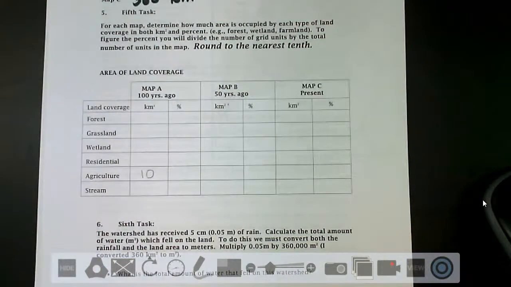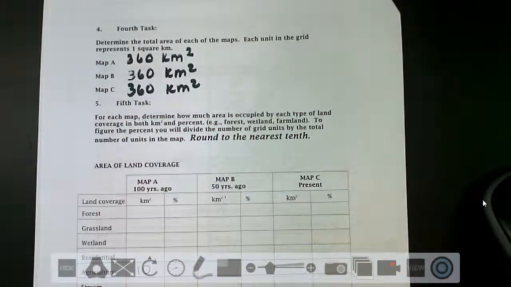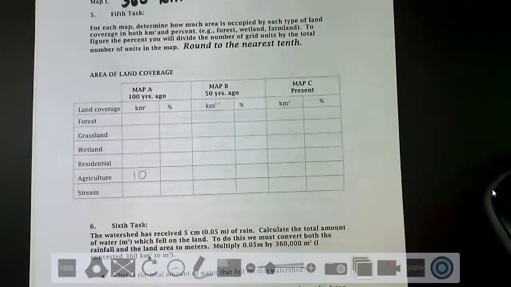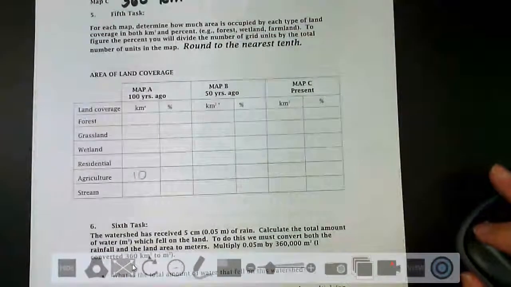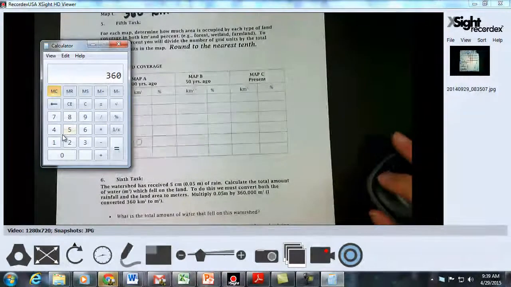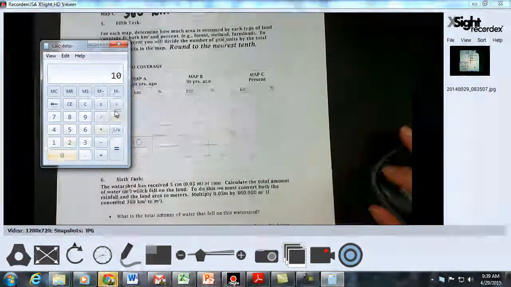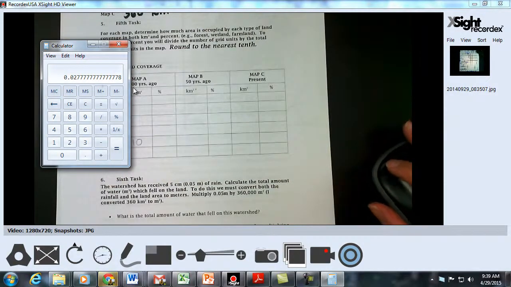Now, in order to find the percent, I'm going to divide 10 kilometers squared by the total, which is 360 kilometers squared. So I'm going to do that with my calculator again. 10 kilometers squared divided by 360 kilometers squared, and I get 0.027777 repeating.